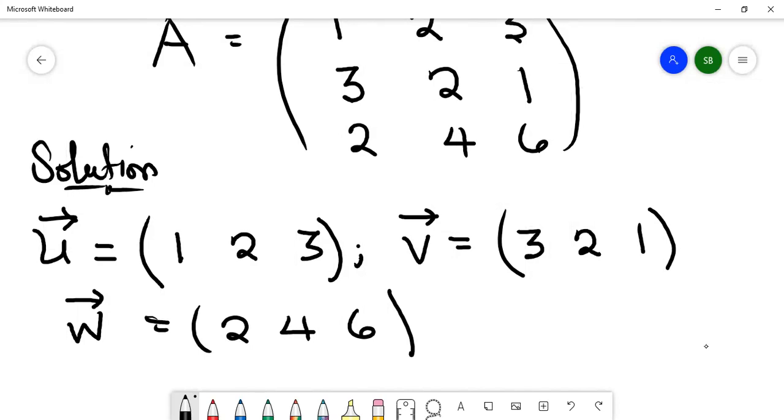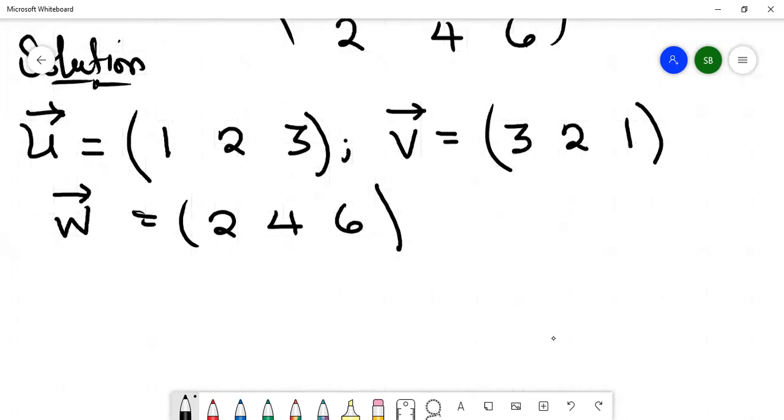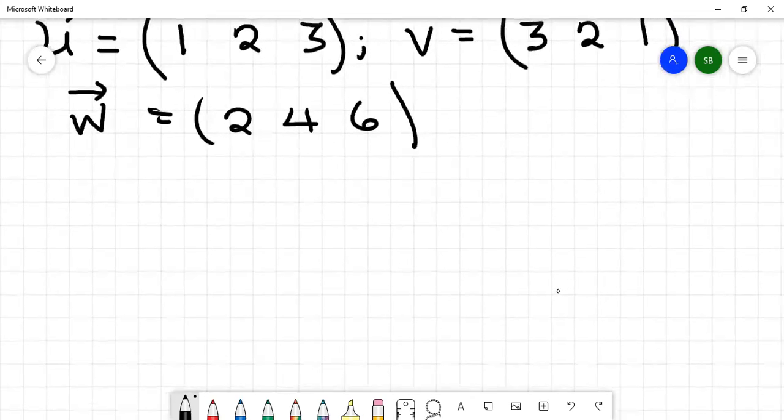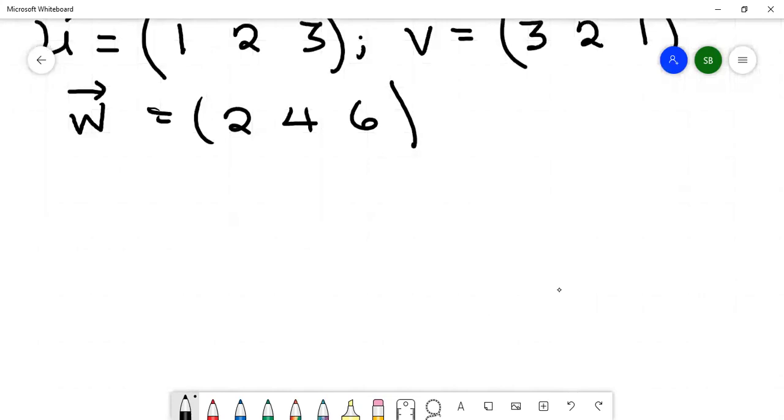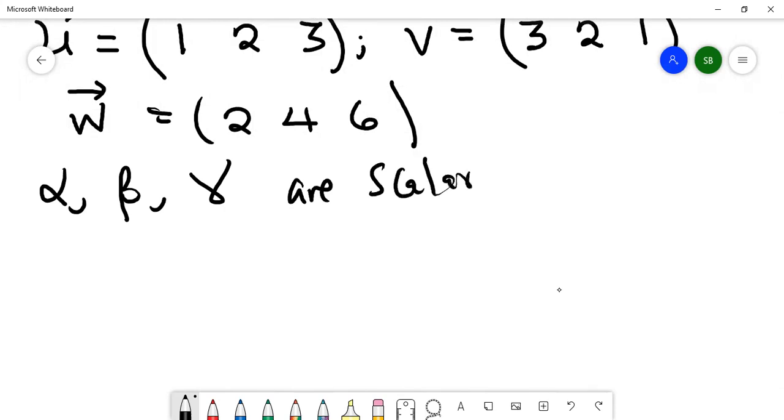You recall from the previous lecture, as taught by Dr. Adiro, that to check if U, V, W are linearly independent, you consider the linear combination. Say you are given alpha, beta, gamma. Well, you don't know their values. They are scalars. And of course, you wish to, if you can, determine their values.